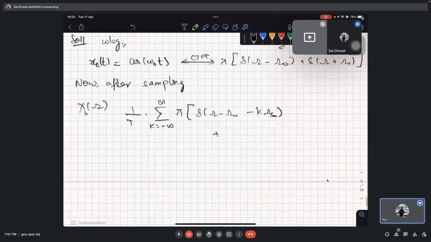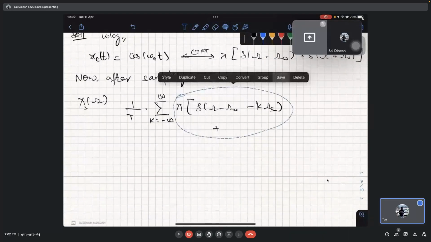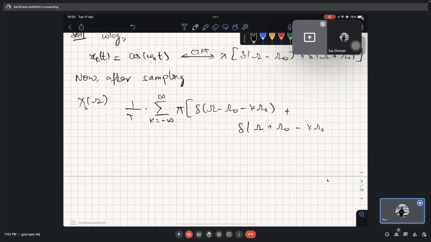Okay, I'll write it a little bit neatly. Sum from k equal to minus infinity to infinity of pi times delta of omega minus omega naught minus k omega s plus delta of omega plus omega naught minus k omega s.